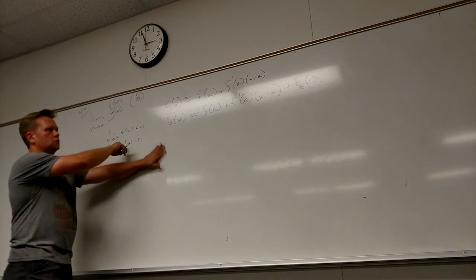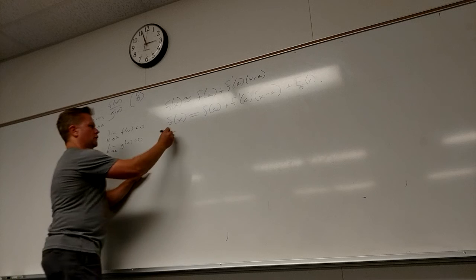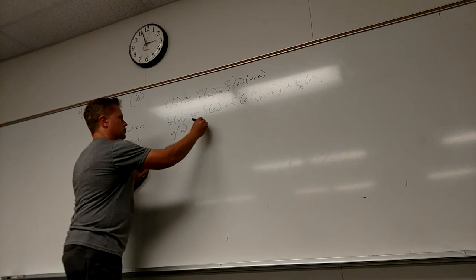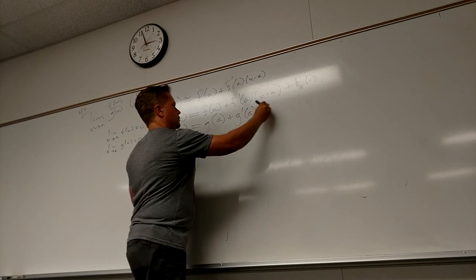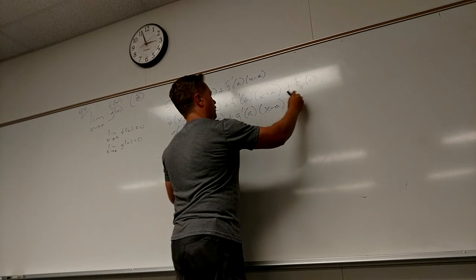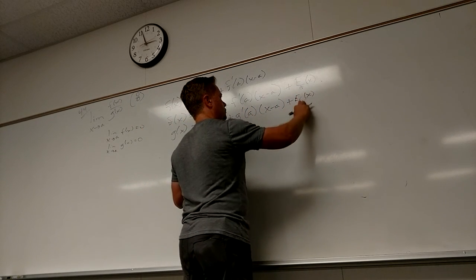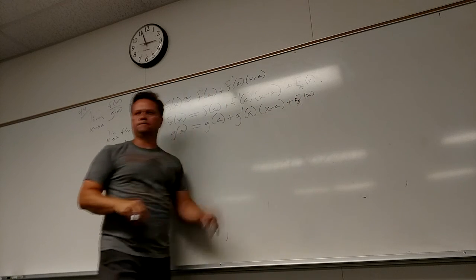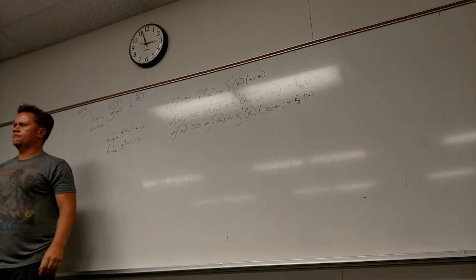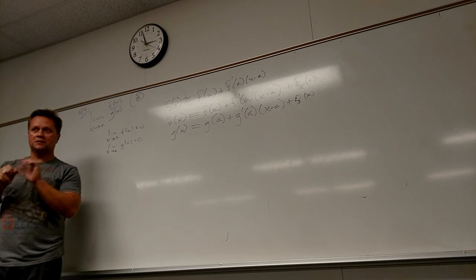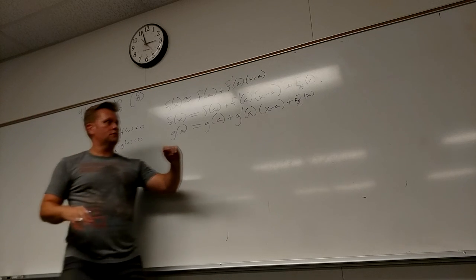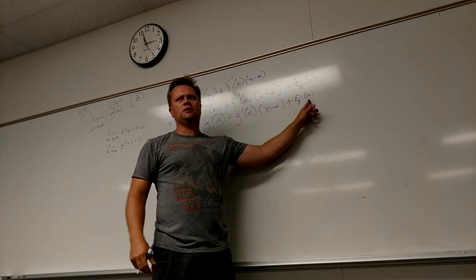All right. So the same thing happens with g of x. Is that cool? g of x equals g of a plus g prime of a times x minus a, plus an error for g, with a little subscript. All right, let me stop here. Don't think too much about this. Does this make sense?